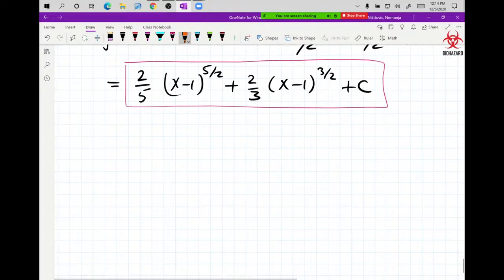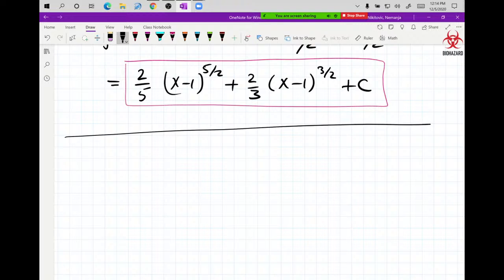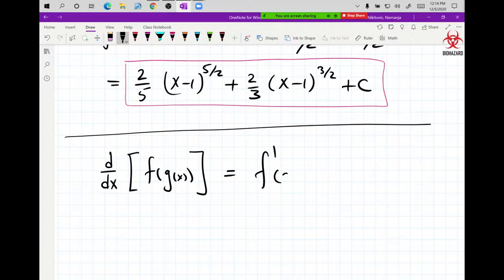All right, so now let's just take a quick look at the end of this, at the formula, which I promised and that you will never use, because you've seen the procedure, you've seen the way you think, and now you're going to see when I write the formula that it's completely useless. You learned that the derivative of the function composition is the derivative of the function with g plugged in times g prime of x.